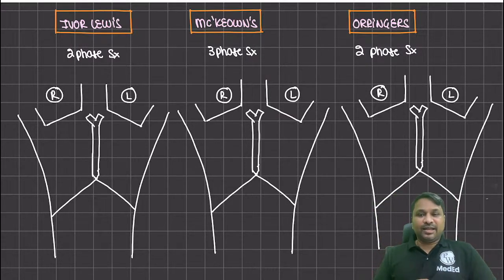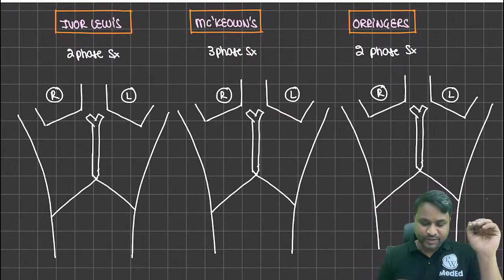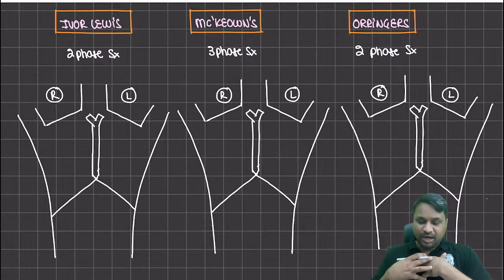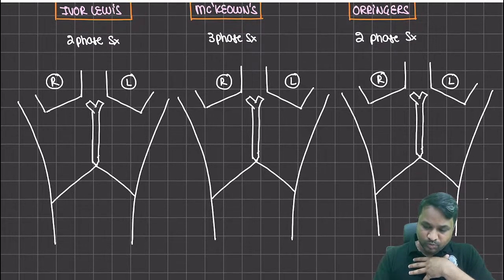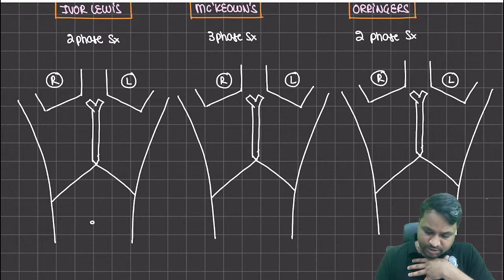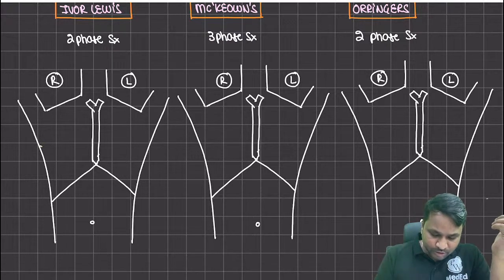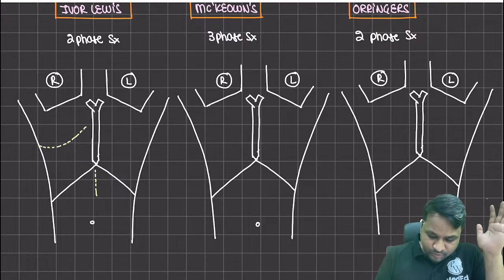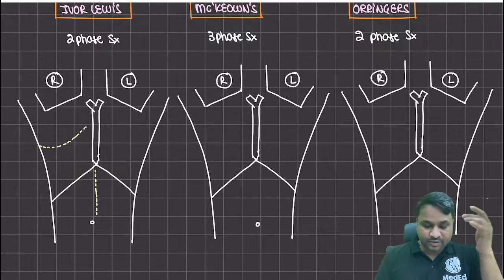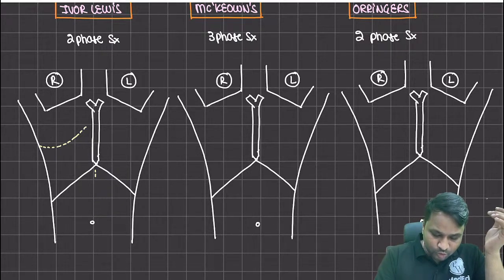Now, when I say an Ivor-Lewis surgery, it is a two-phase surgery. I have to remove the esophagus, right? How do you remove the esophagus? What are the approaches that you can have? This is the umbilicus, just for the sake of understanding. One, you can take an approach here, that is a right-sided posterolateral thoracotomy, and then you also perform a laparotomy. We have two incisions.